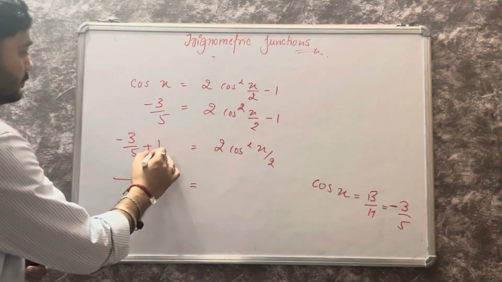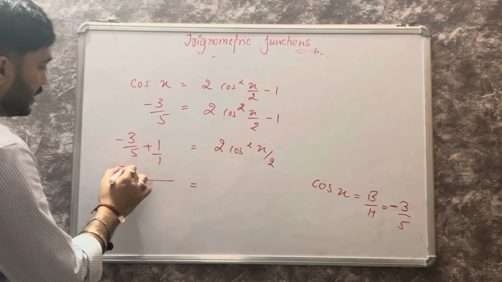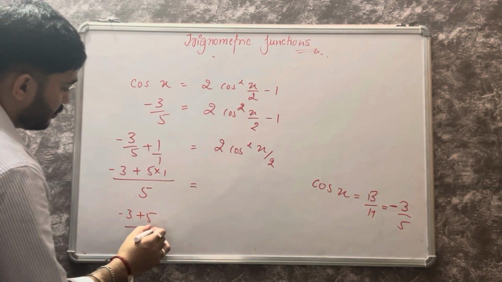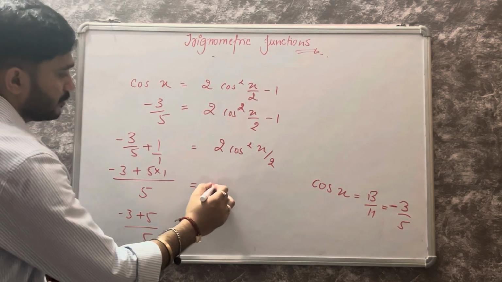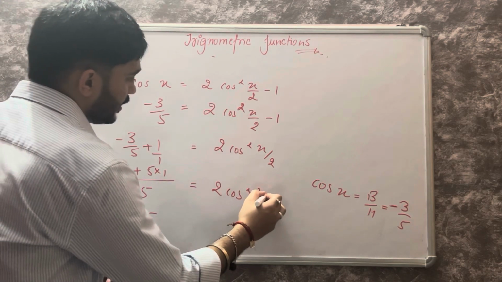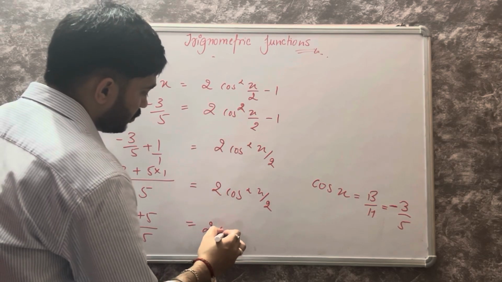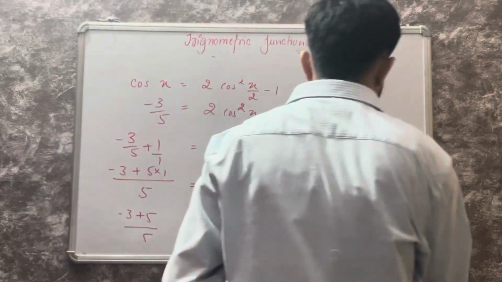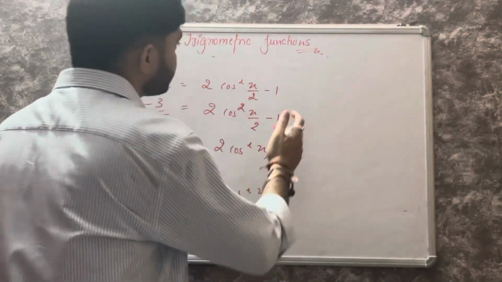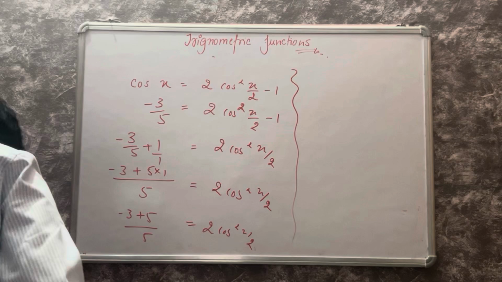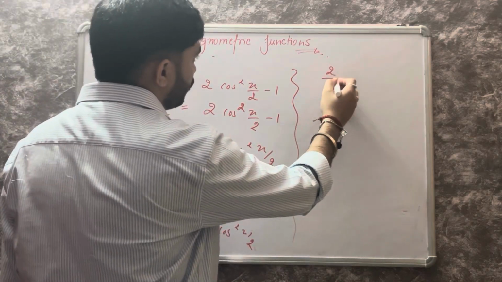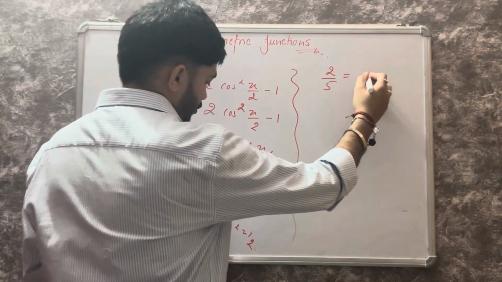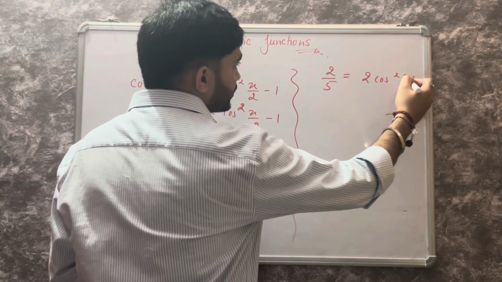Solve this by LCM. 5 into 1, that is minus 3 plus 5 by 5. The answer will be 2 upon 5. 5 minus 3 is 2 upon 5, which is equal to 2 cos square x by 2.